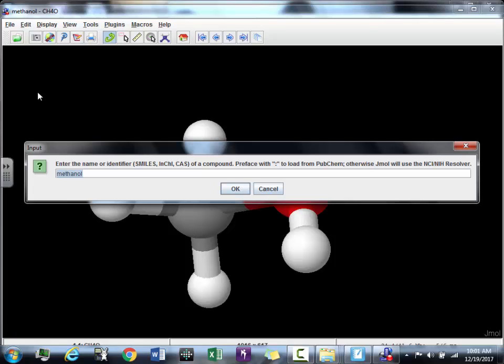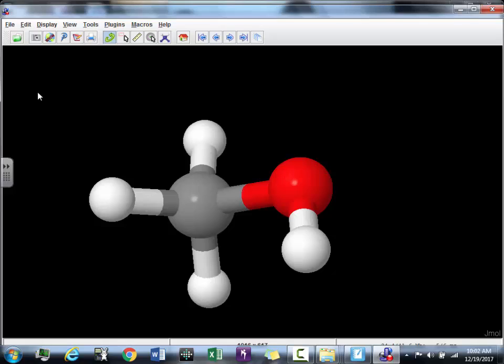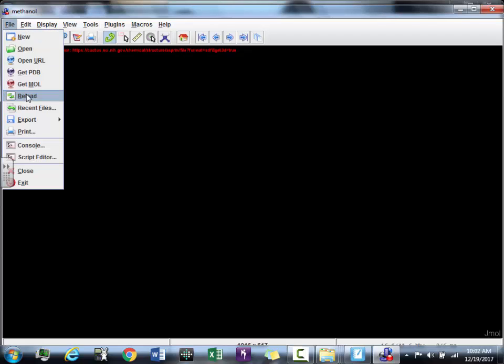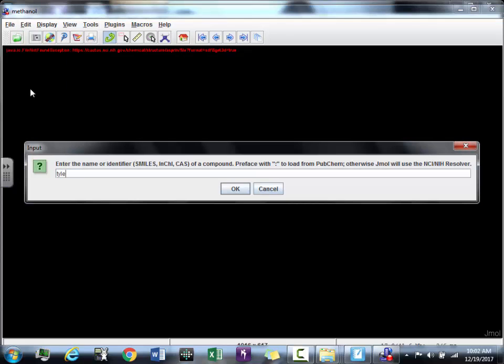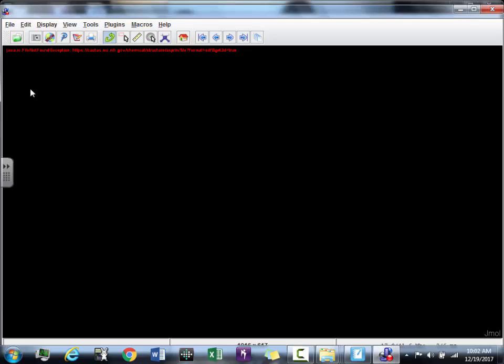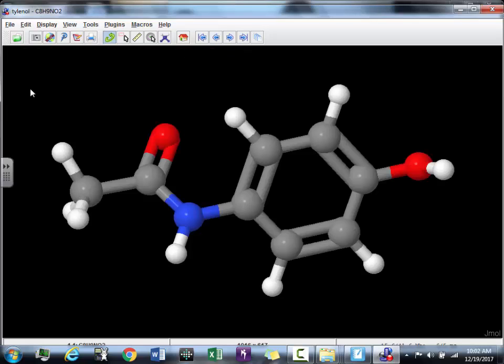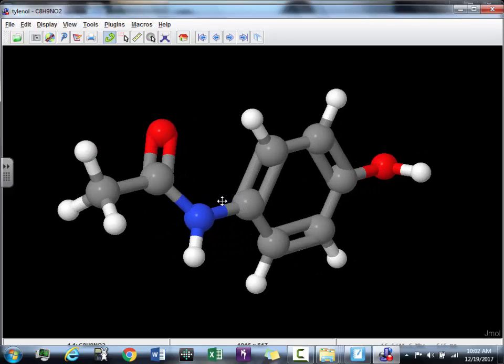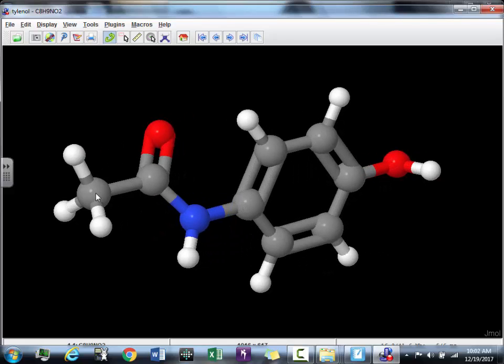Let's finish with this, I guess. Oh, that didn't work. Here, if I were to give you a really crazy one, this is Tylenol. Take a look at Tylenol right here. Right here, this is a tetrahedral shape, 1, 2, 3, 4 directions.